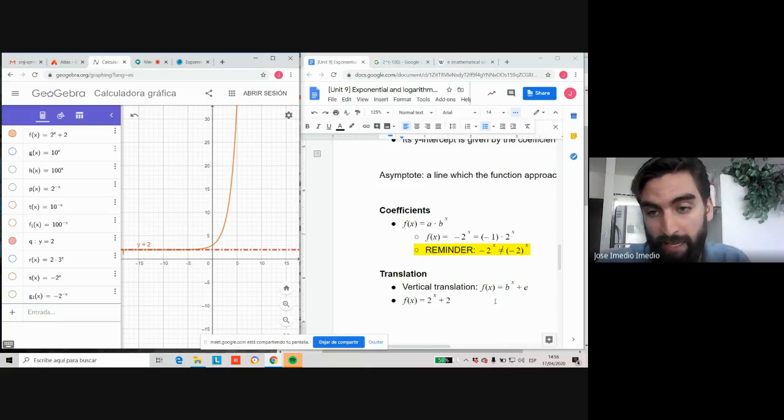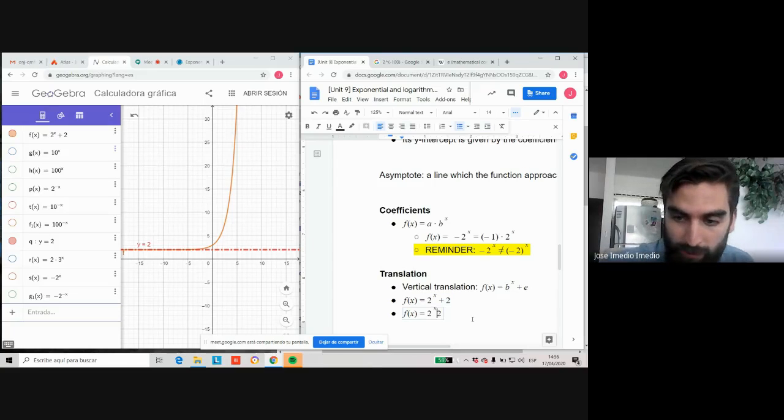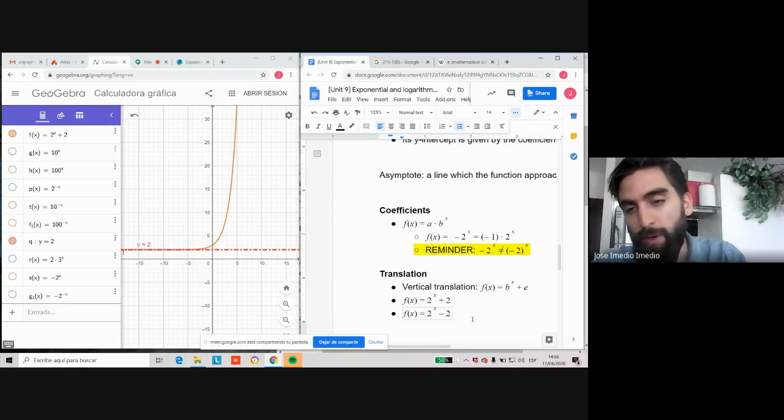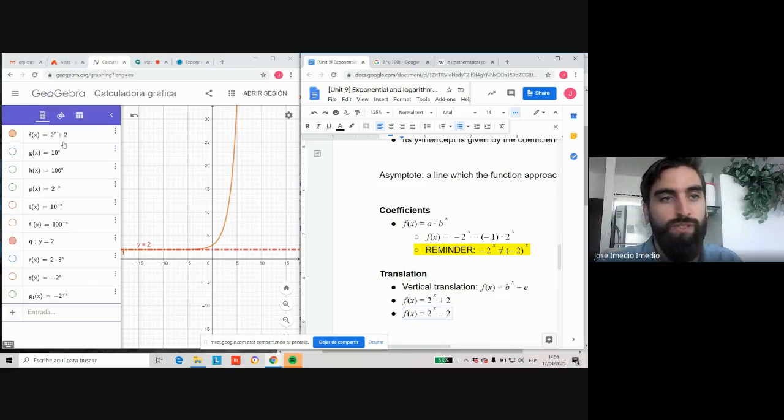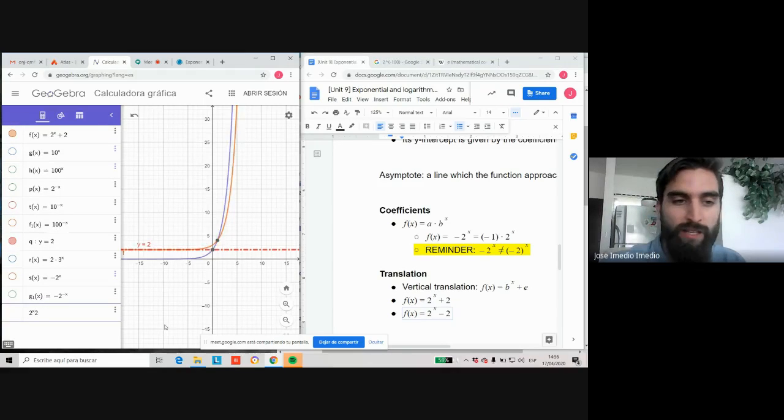And same thing if I make this 2 raised to the power of x minus 2. If I duplicate this, instead of plus 2 it's minus 2.